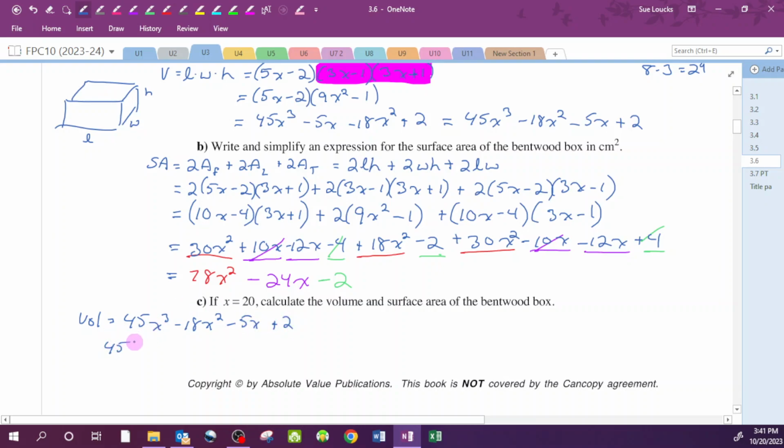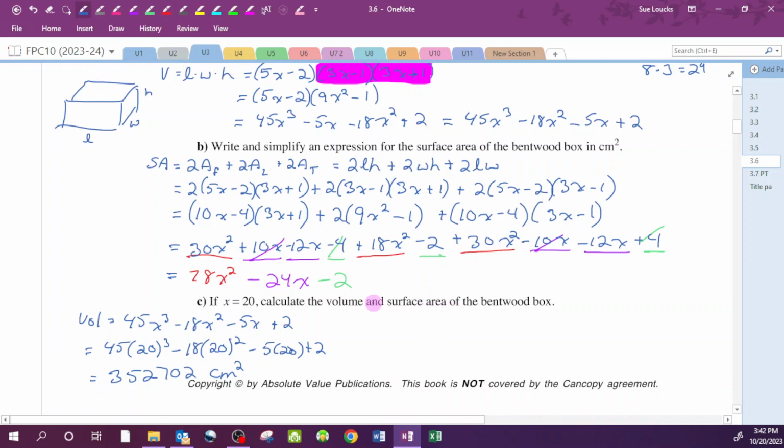So that becomes 45 times 20 cubed minus 18 times 20 squared, I guess I can put the brackets, put that outside, minus 5 times 20 plus 2. And then I pull up my trusty calculator and I get 352,702 centimeters squared. And I do kind of gasp because that's a massive number, but we are going to check that answer in a minute, okay?